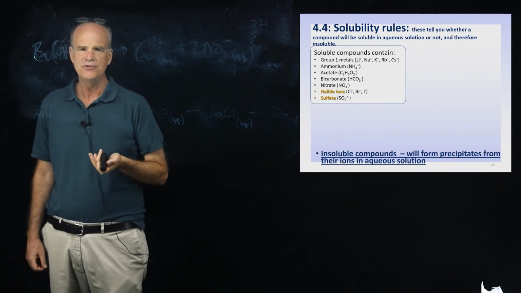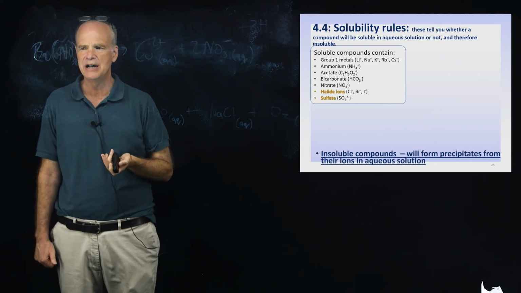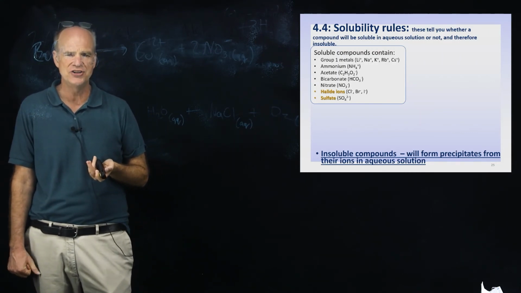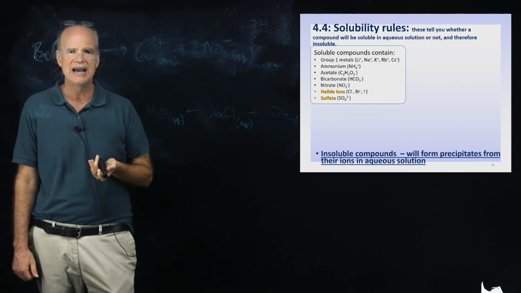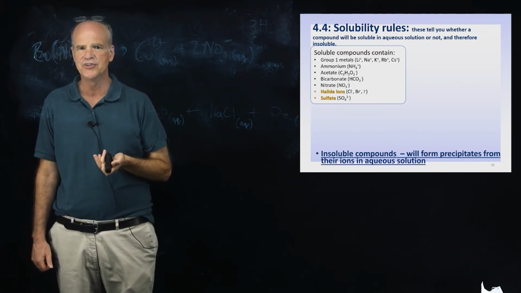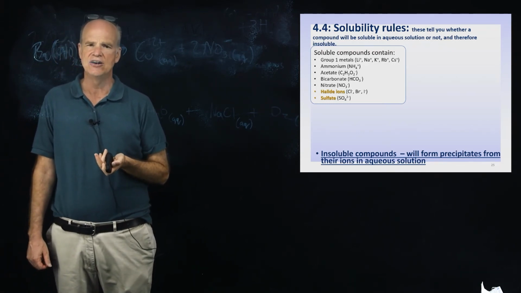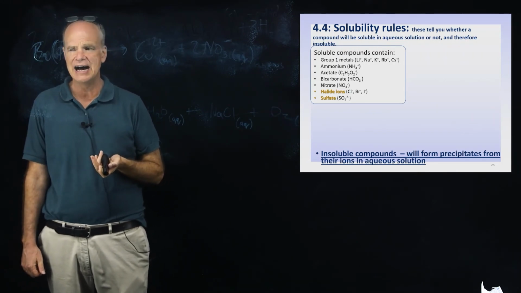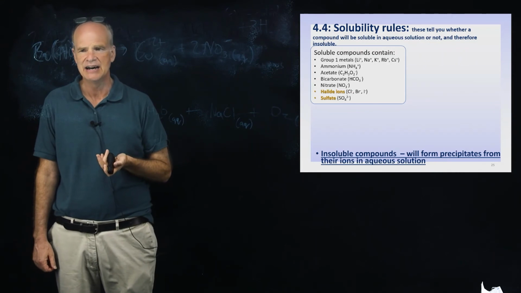Now you'll note I've highlighted compounds with halide ions. The halogens, if they form ions, are called halide ions. Fluorine is a halogen, for example, but when you add an electron to form fluoride, that is called a halide ion.